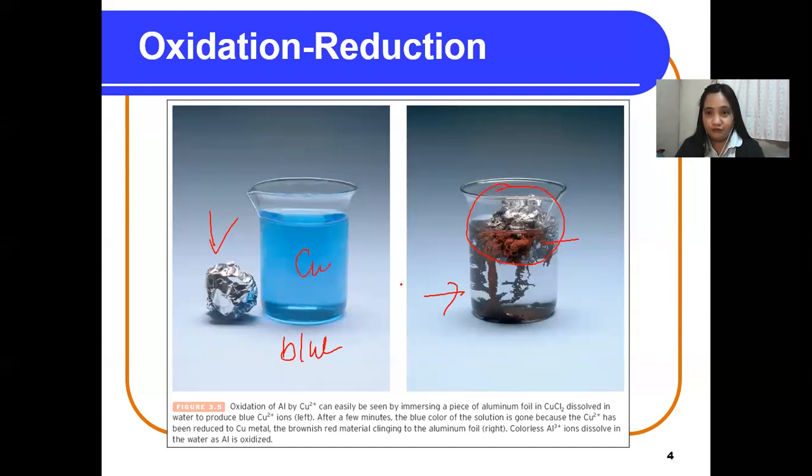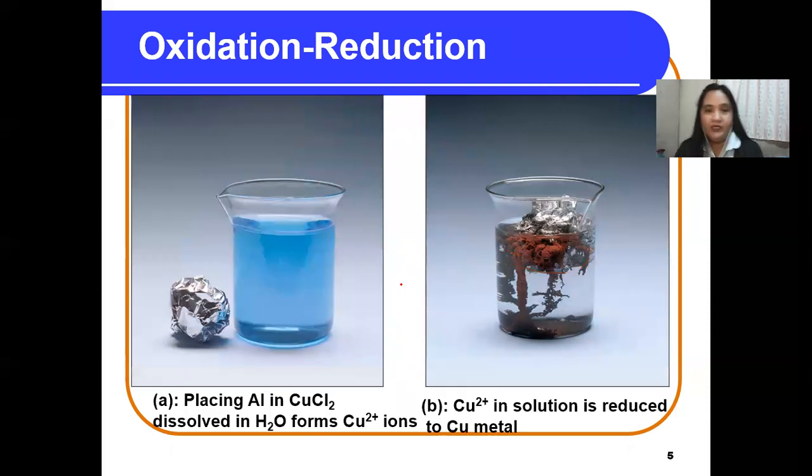Observable indicators will be the aluminum changing in appearance, from silver to a brownish maroon coating, as well as your copper solution, from blue to colorless. So this is the specifics of that.